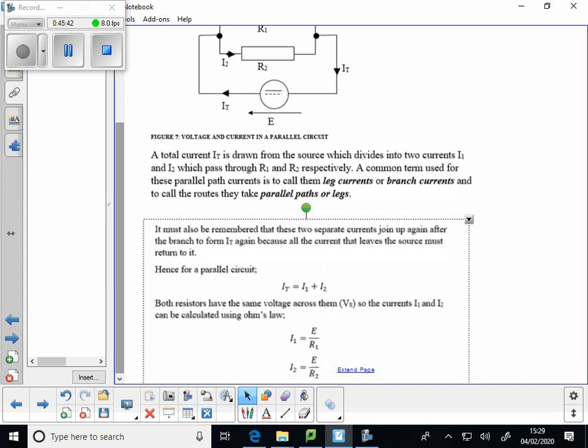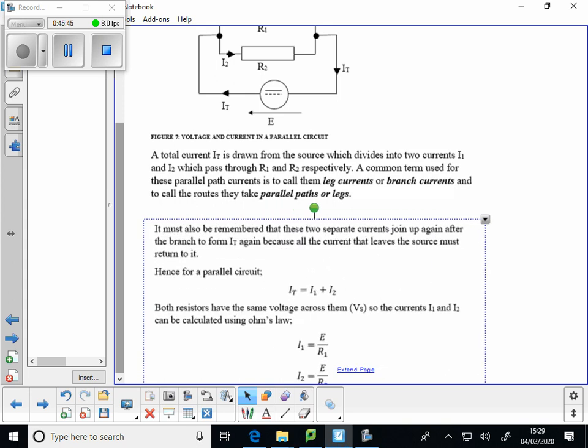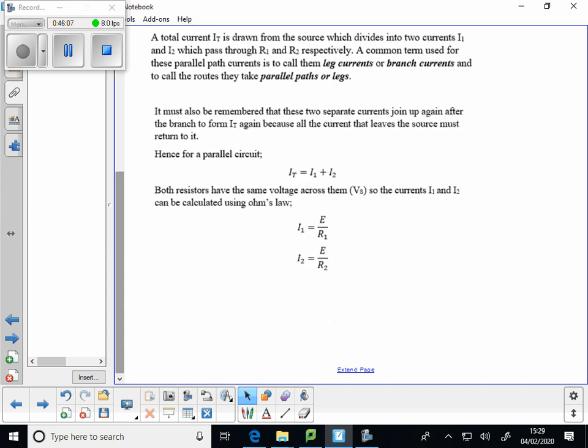And again, I point out in the notes here that these two separate currents join up again after the branch to form IT, because all the current leaving the source must return. Hence, for the parallel circuit, IT is I1 plus I2. Both resistors will have the same voltage across them. So in this particular instance, we can calculate I1 by dividing E by R1, and we calculate I2 by dividing E by R2.